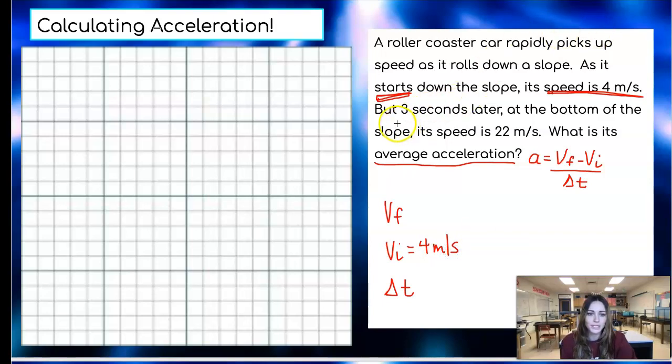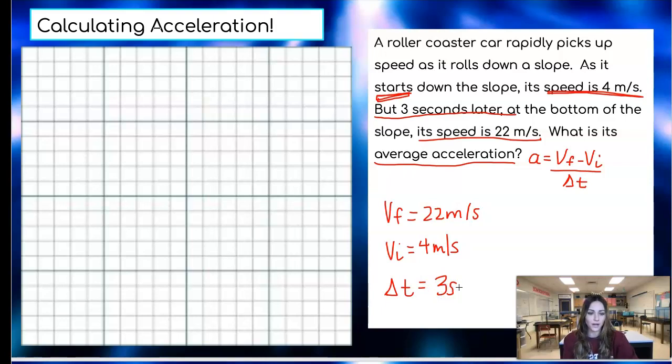Then it tells me 3 seconds later, at the bottom of the slope, its speed is 22 meters per second. So after 3 seconds, its speed has increased to 22 meters per second. That tells me that the final velocity over this period of time is 22 meters per second and that the time of travel was those 3 seconds.